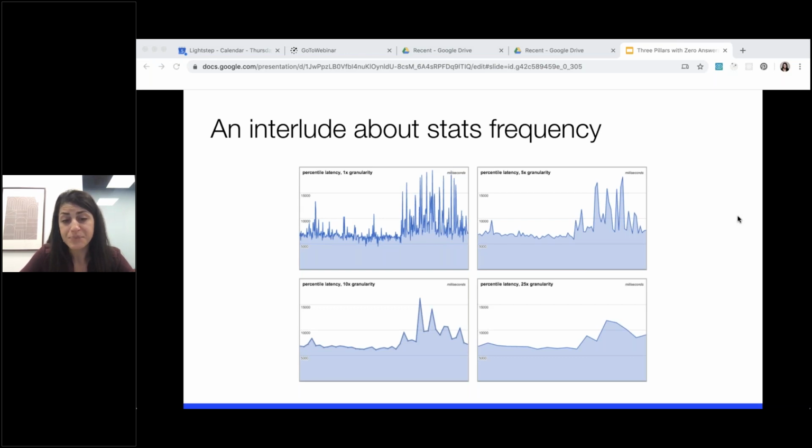And you can see that as you smooth over longer intervals, you're not able to see some interesting outliers. Specifically, in the bottom right P99 time series, you can't really tell if this regression here is a steady state regression or if it's an intermittent regression.